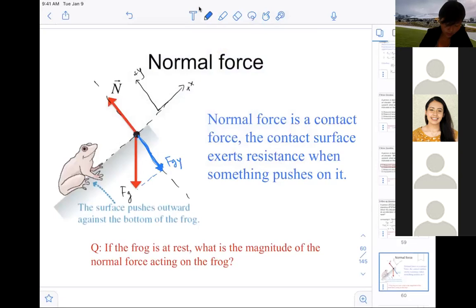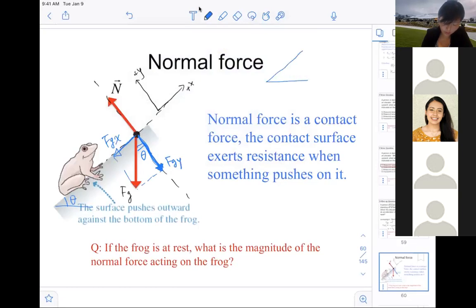And your X component is along the ramp pointing down. This is F of g in the X direction. Okay, so if they tell you the angle of the ramp to be 30 degrees, for example, then this is also the same angle. Okay, how do we know that?